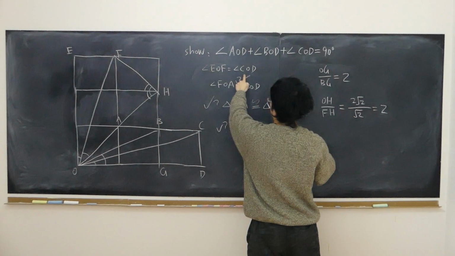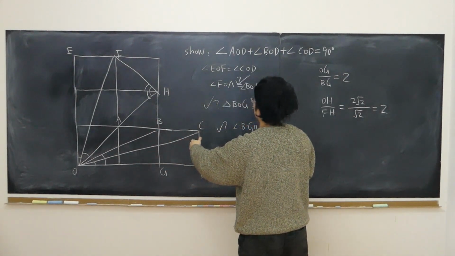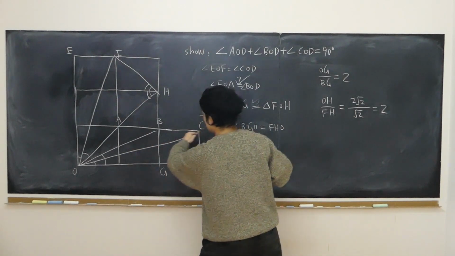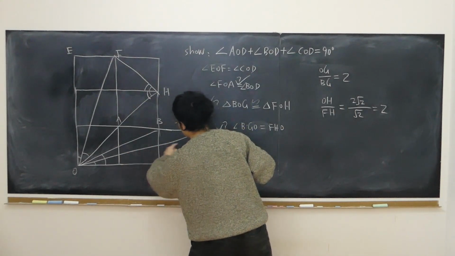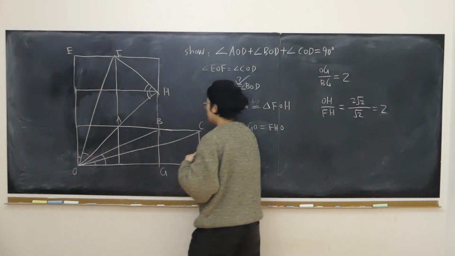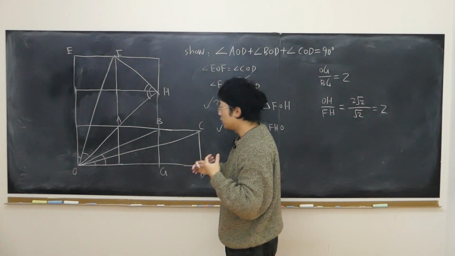And I have also shown that this angle is equal to that angle. That is obvious. I've already shown that, right? EOF, COD, because triangle COD and triangle EOF are obviously equal triangles.